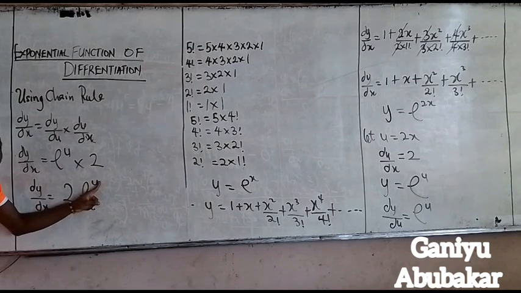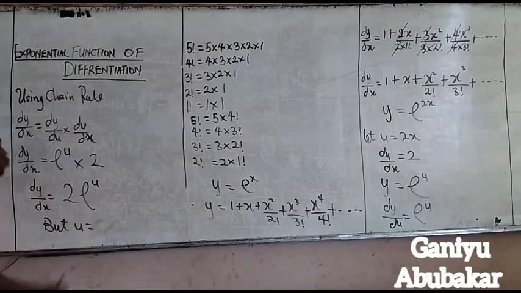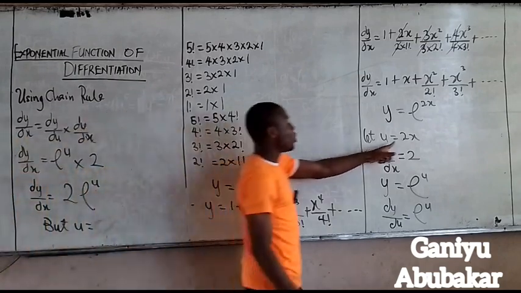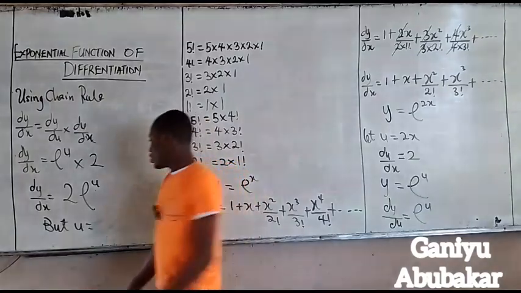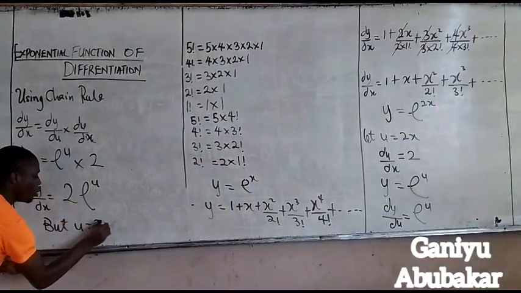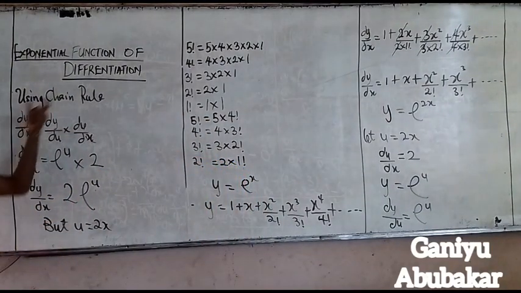But I can't express x in terms of u. So take u back to x. But we said u from the question is what? 2x. So put in 2x here. Anywhere you see u, you put what? 2x.